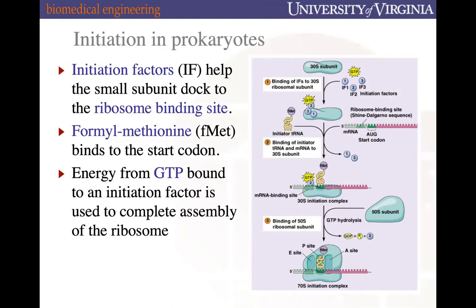So during initiation, we have proteins that we call initiation factors. They help the small subunit dock onto the portion of the mRNA that we refer to as the ribosome binding site. That ribosome binding site is a consensus sequence that's recognized by the initiation factors. These consensus sequences are also called Shine-Dalgarno sequences.